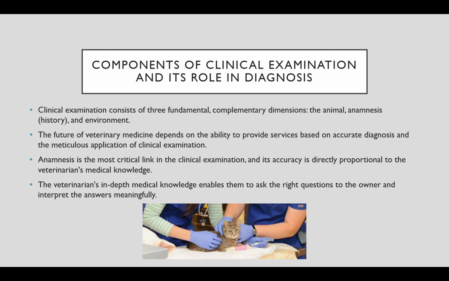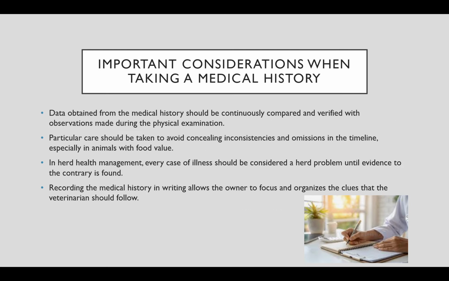Anamnesis is the most critical link in the clinical examination, and its accuracy is directly proportional to the veterinarian's medical knowledge. The veterinarian's in-depth medical knowledge enables them to ask the right questions to the owner and interpret the answers meaningfully. Important considerations when taking a medical history or anamnesis.